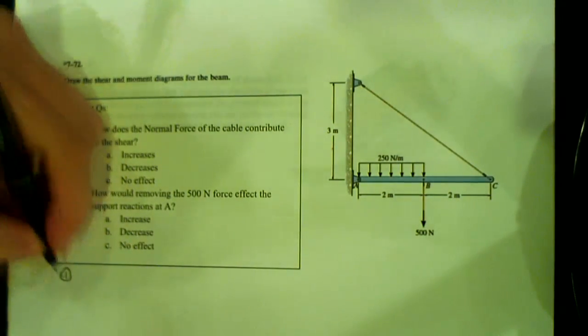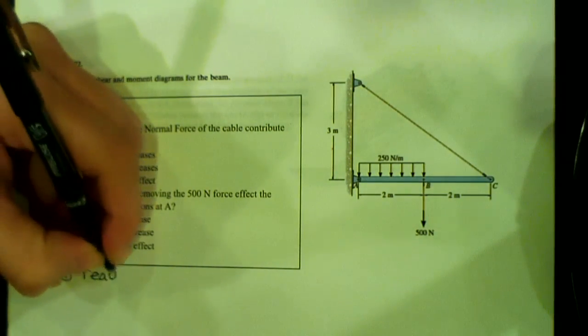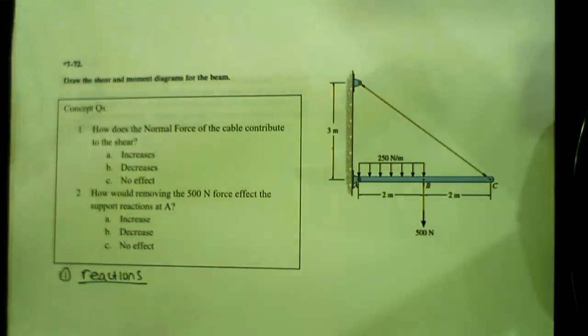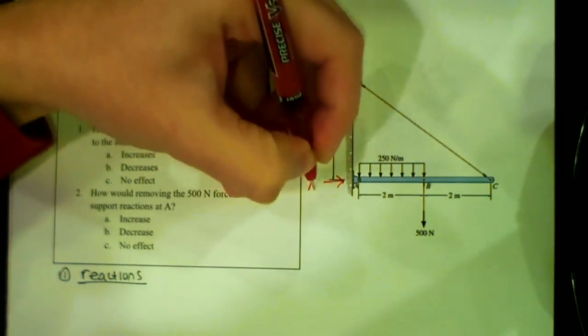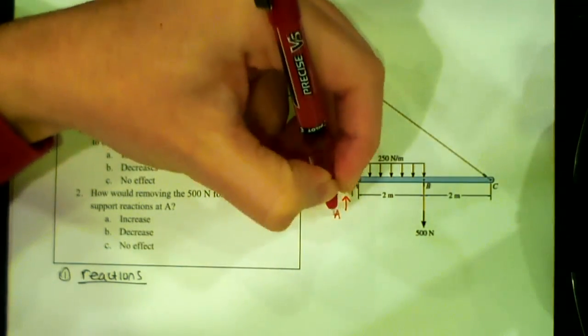So step 1 is reactions. We have a pin at A. What kind of reactions is that? We have X and Y, so I have AX and AY.